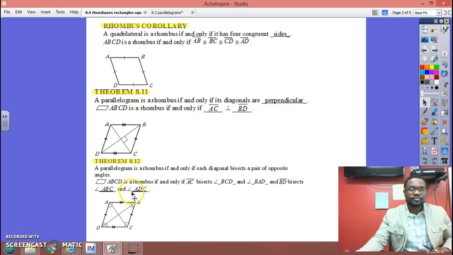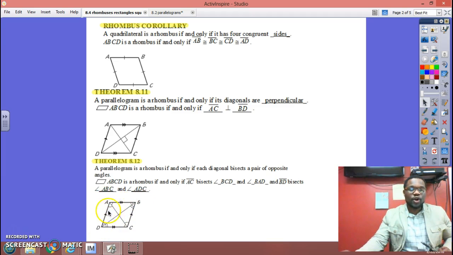Thinking forward. A parallelogram is a rhombus if and only if each diagonal bisects a pair of opposite angles. So here's another issue here. The diagonals cut in half the opposite angles in a rhombus. In a rhombus, the opposite angles, like AC here, are cut into two equal parts because it's a rhombus. So what does that mean?